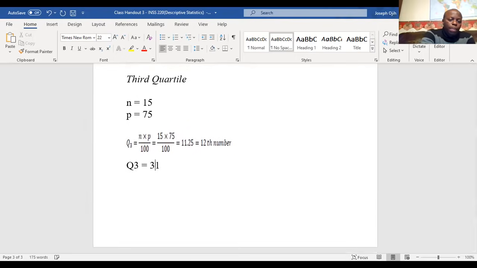So 31. Again, this means that about 3/4 or 75% of the countries have 31 or less nuclear power plants or nuclear power stations.